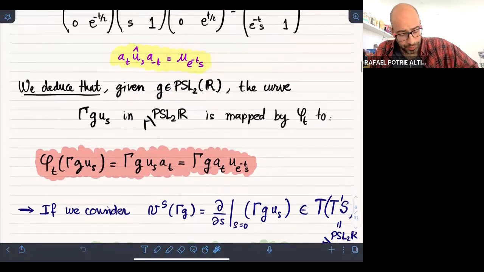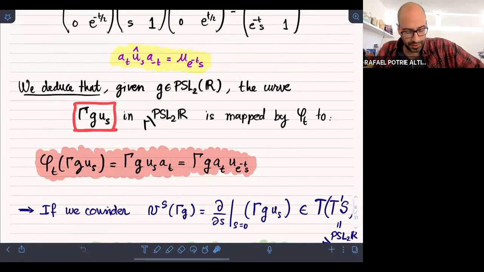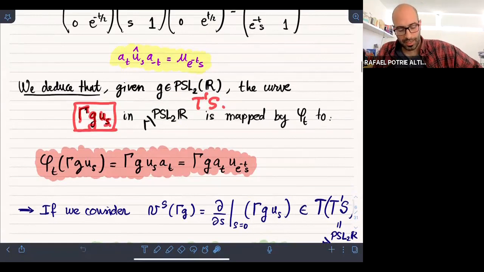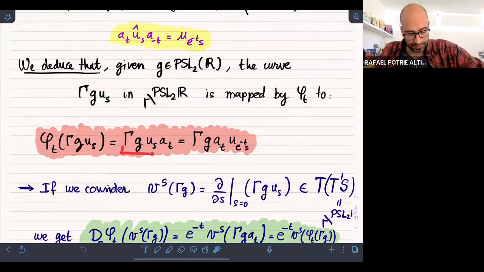And the computation is as follows. You take any xi in PSL2R. So this is a curve in T^1 S, gamma_xi U_s. And if I apply the geodesic flow at time t to this curve, I get this curve. Okay, I apply it because I'm multiplying on the right. I get A_t U_s xi gamma.